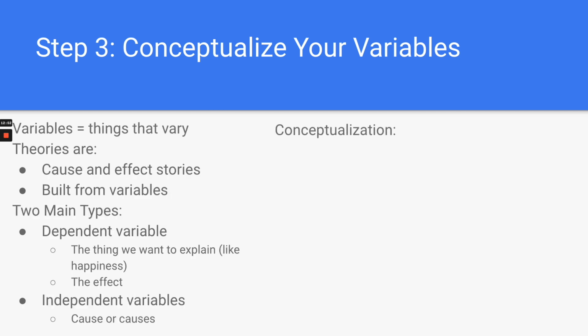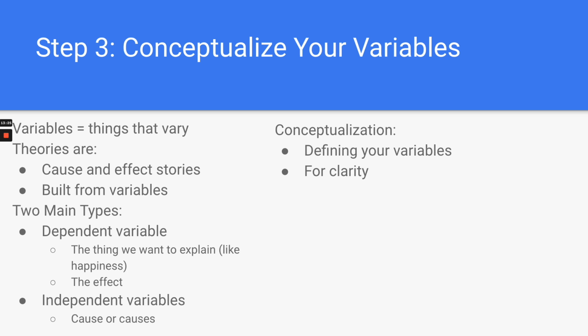All right. Now, on to that conceptualization business. Conceptualization is defining your variables. And we do this for clarity, so that we all know when Lydia and Della and Bobby do their studies, when they say happiness, they all mean the same thing.